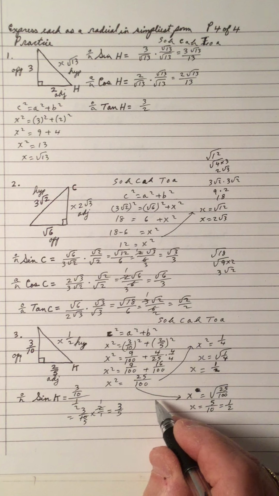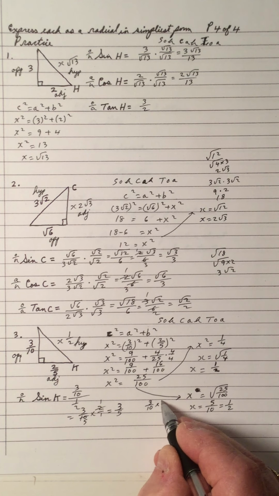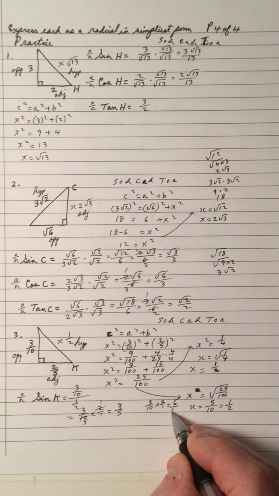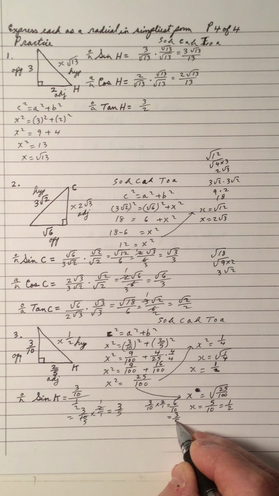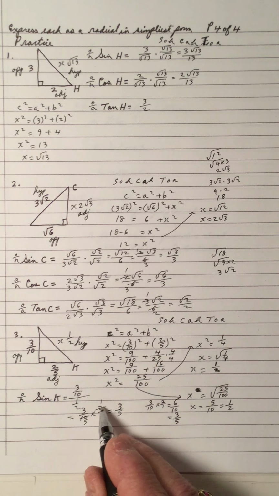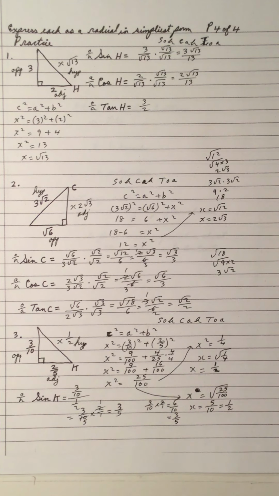I also could have done 3/10 times 2/1 as 6/10 multiplied and then canceled after. 2 into 6 goes 3, 2 into 10 goes 5. I prefer, when I'm multiplying fractions, to cancel from top to bottom. So 2 cancels into 10 5 times, so I get 3/5.